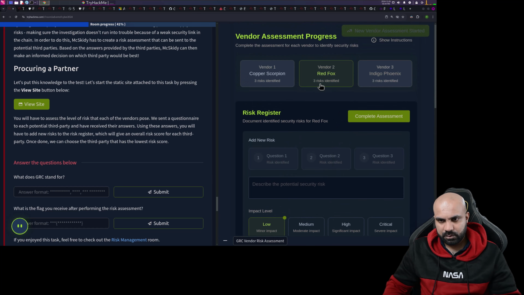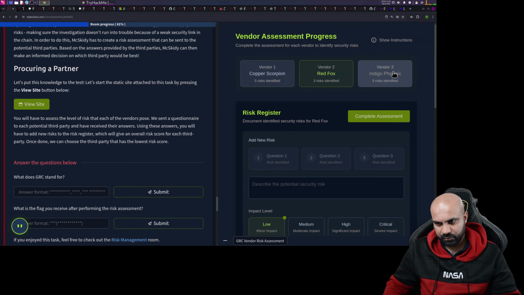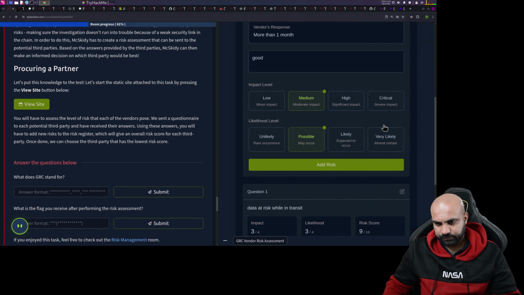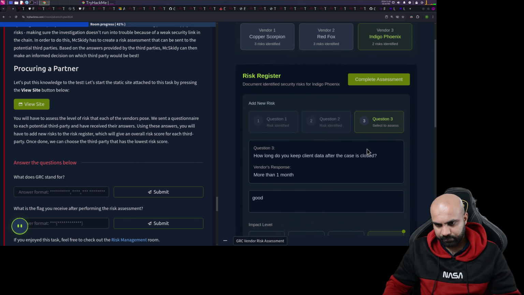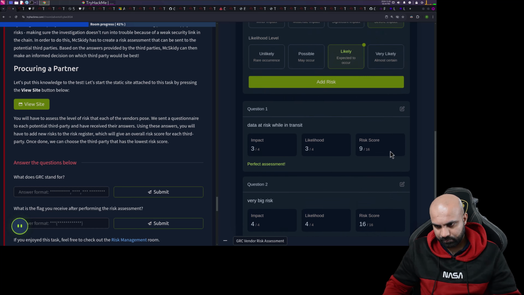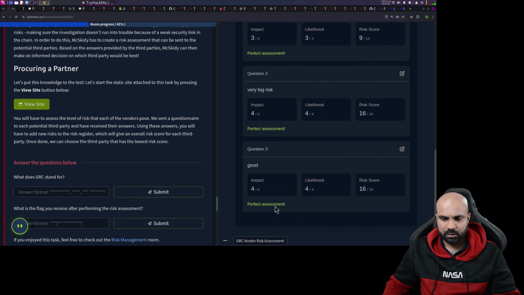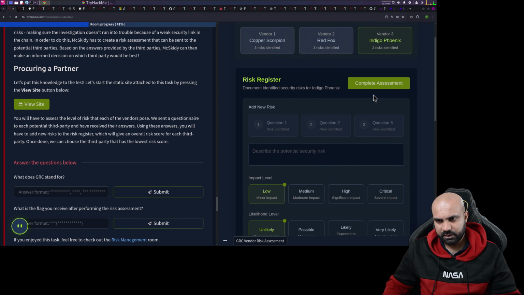Okay, wait a minute. Let me check. It was 4 and 2 before. 4 and 2. Let's go with this now. What about here? What about now? Okay, I don't know why the likelihood is 5 here, because we have 1 month of data, right?